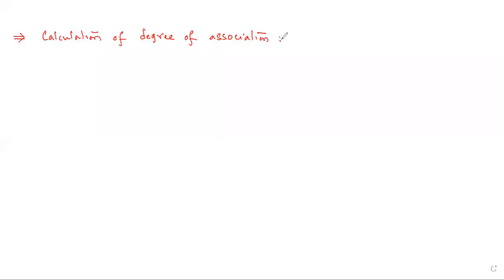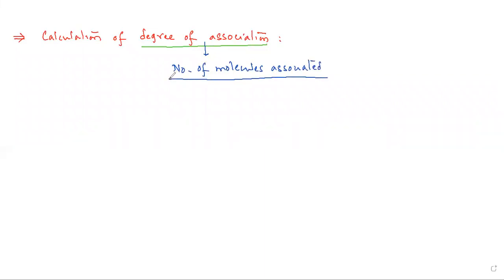Now, it's a calculation of degree of association. First of all, what is degree of association? See, it can be given as number of molecules associated out of the total number of molecules that we have started with.